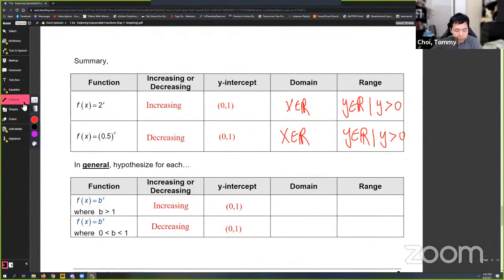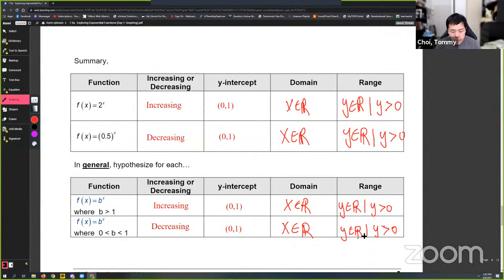The domain, x ∈ R, and the range, y ∈ R, such that y is greater than 0. And there we have it. So there's our summary.